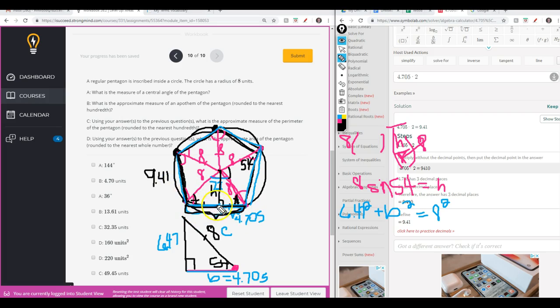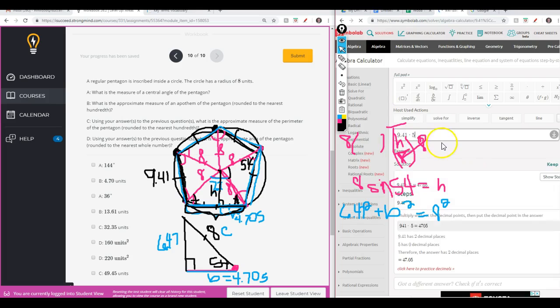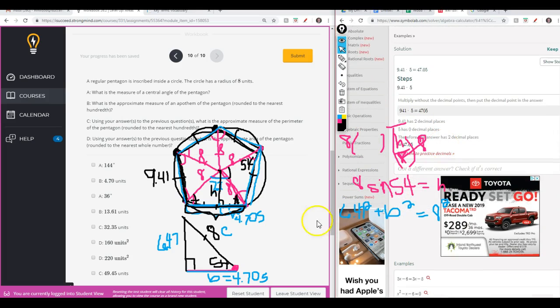And so when we're finding perimeter, again, we're going all the way around the outside. So there is 1, 2, 3, 4, 5 identical bases on the outside of this pentagon. So I'm going to take 9.41 and multiply it by 5 to find that perimeter, because there's 5 congruent sides. So this comes out to be 47.05.